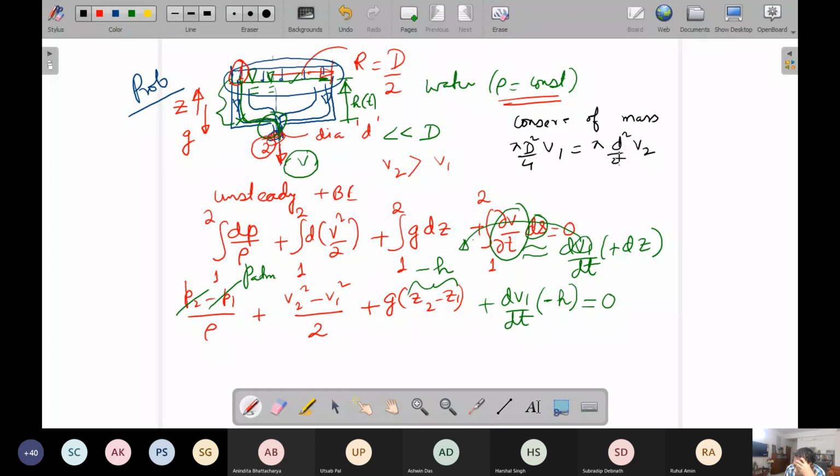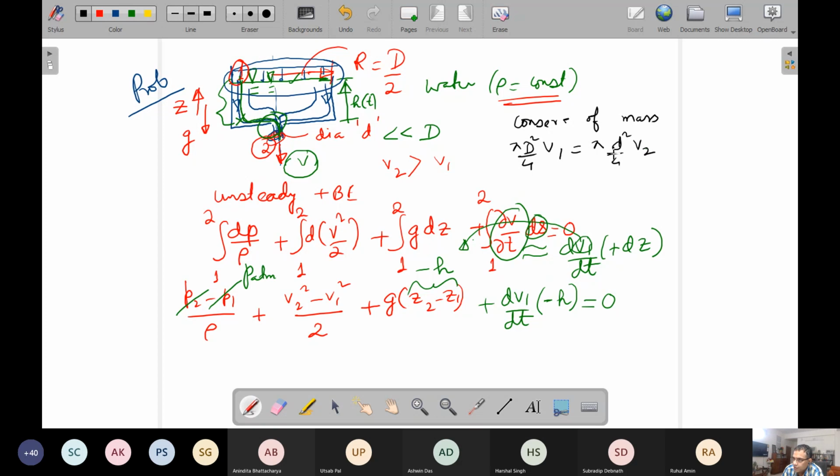And in fact, you cannot put it 0 because this is about the rate of flow, and the velocities may be small, the diameters may at some places be small, but the rate of flow is not small. Otherwise, the tank will not, or it cannot be approximated as 0.